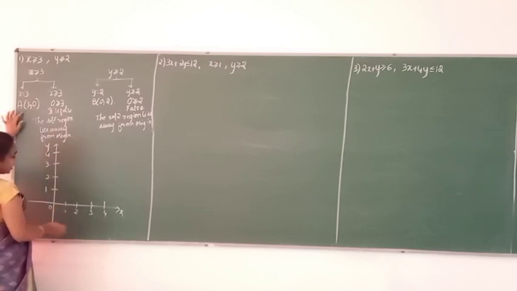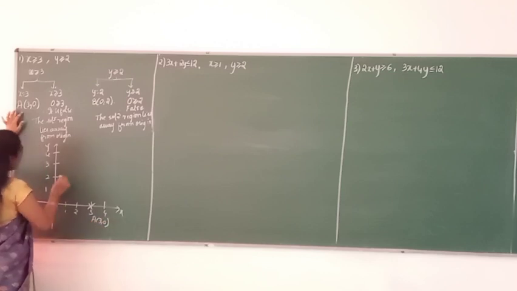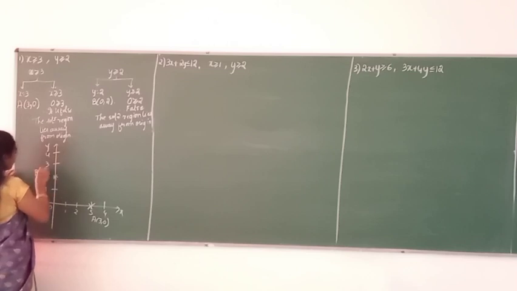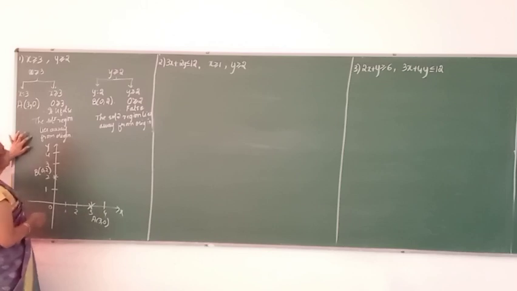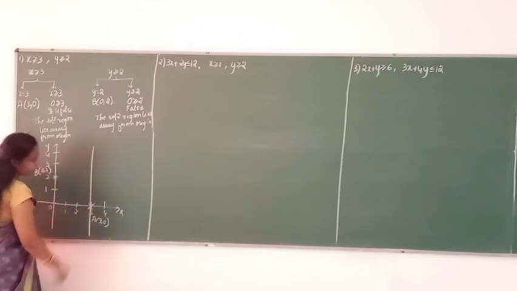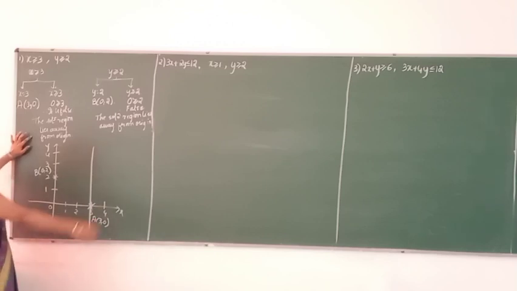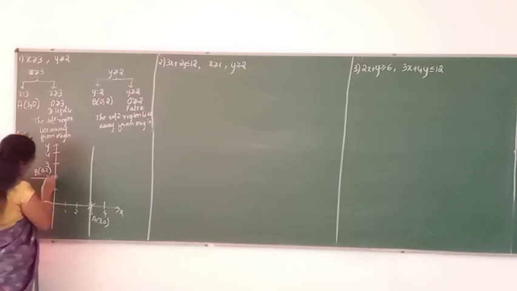Now just check the A coordinate, it is nothing but 3, 0, and the B coordinate is nothing but 0, 2. Now just check the inequality. Here for the first one it is greater than or equal to 3. As it is greater than or equal to, it will be a bold line. Next one, just check with y is equal to 2. The same thing, the inequality is greater than or equal to. So here also it will be a bold line.